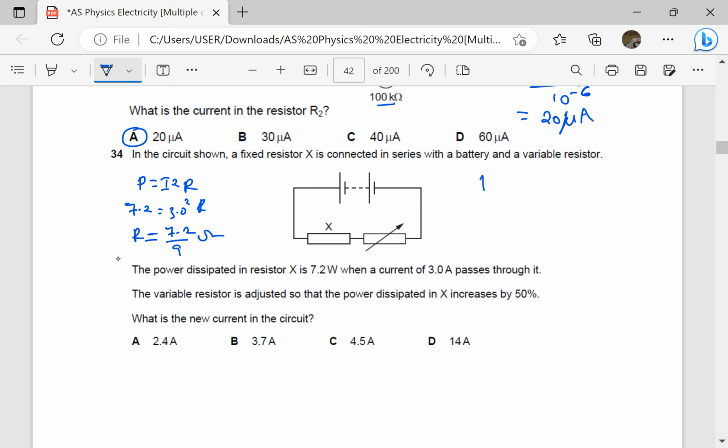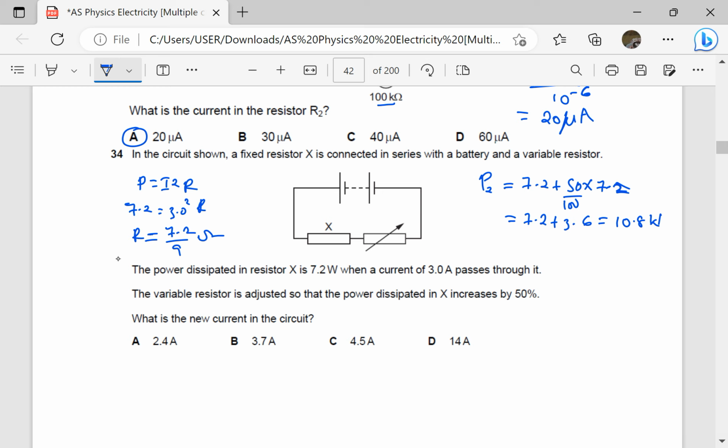So the new power, we'll call it power 2, is going to be 7.2 plus 50% of 7.2. 50% is a half, so 50% of 7.2 is 3.6. So the new power is going to be 10.8 watts. Okay, so that is the new power.